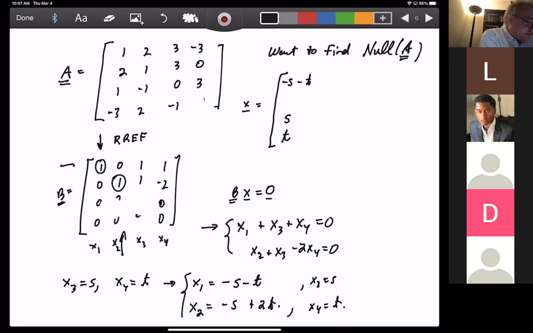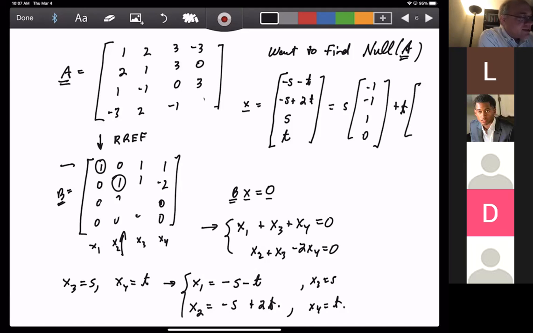And x2 was negative s plus 2t. And I noticed that I can write this as s times minus 1, 1, 0, plus t times minus 1, 2, 0, 1. Okay? Okay, thank you.